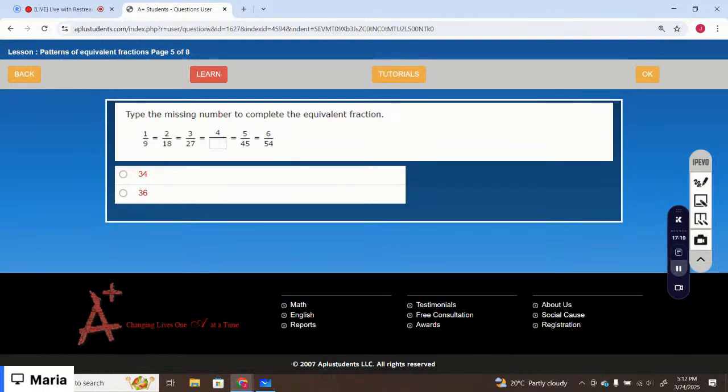So which number is missing? Option number 2 is the correct option. 36 it is.